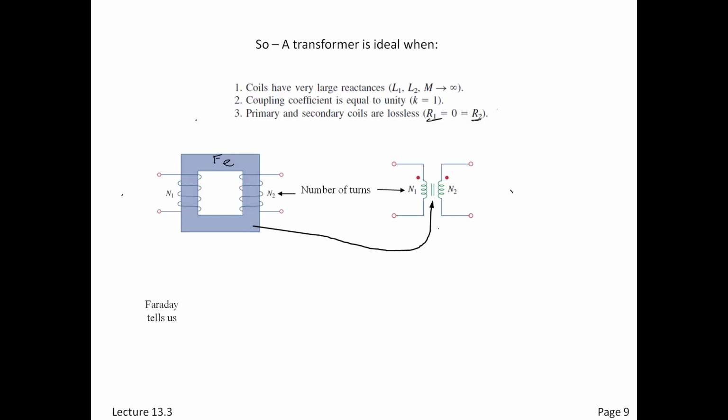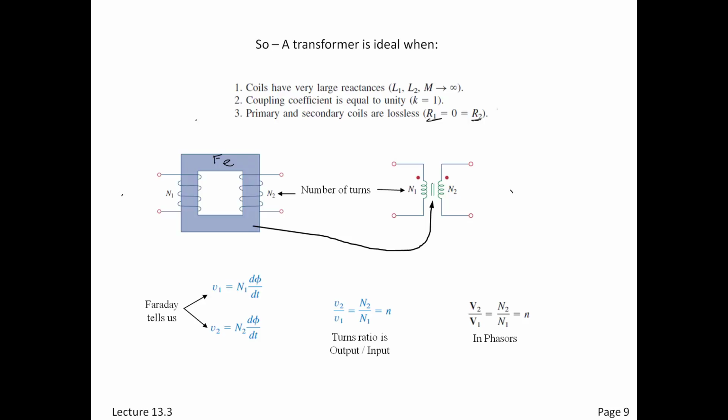All right. Now Faraday tells us that the voltage on the first side, we've seen this before, is the number of turns times the time change in flux. Same is true on the outside, the number of turns times the time change in flux. The turns ratio is the output to the input, the ratio of those two, just a definition.